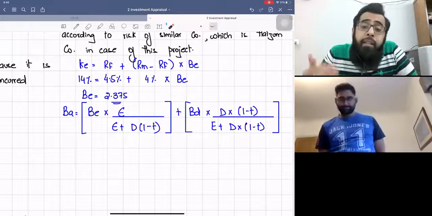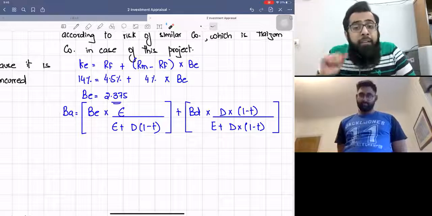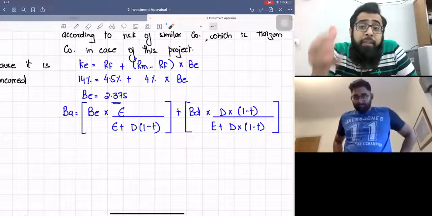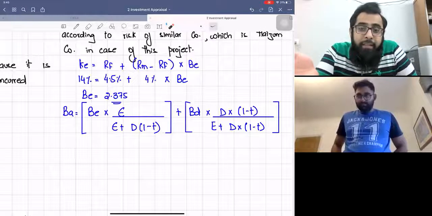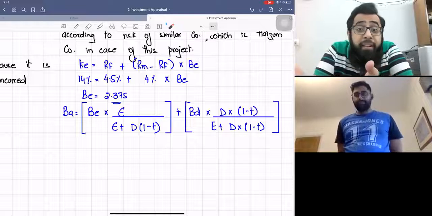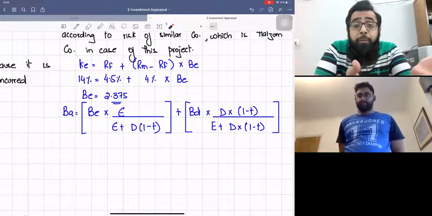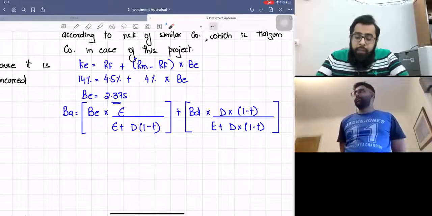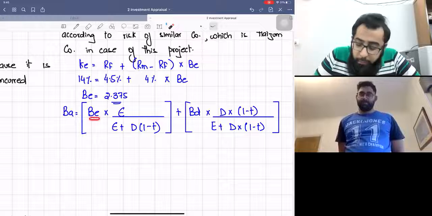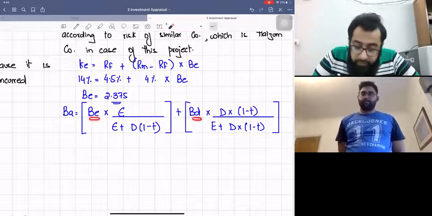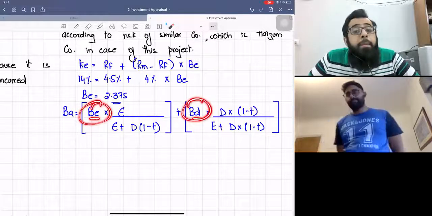Why can't you get the beta asset directly from the market? There is no market where my factory assets will be traded, where my debtors will be traded. So I have to calculate the beta equity and the beta debt, because these are the two things traded.